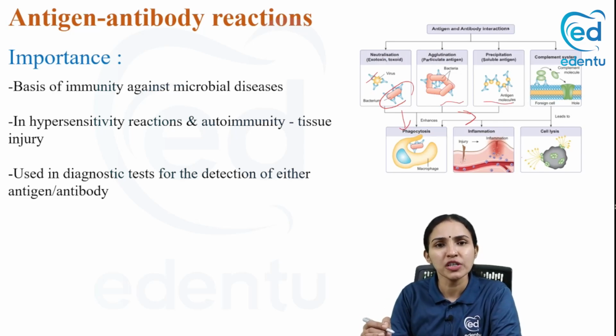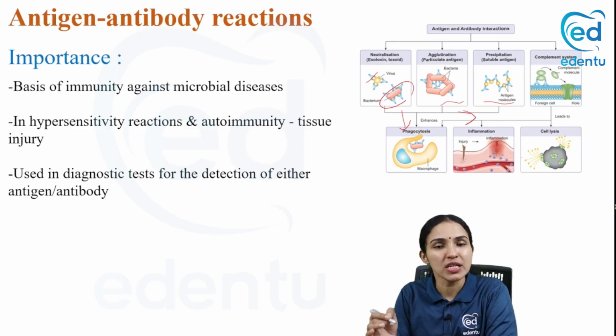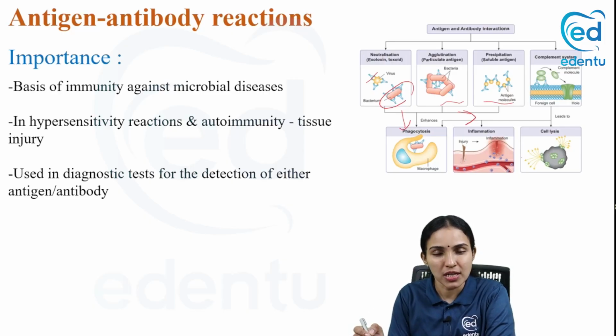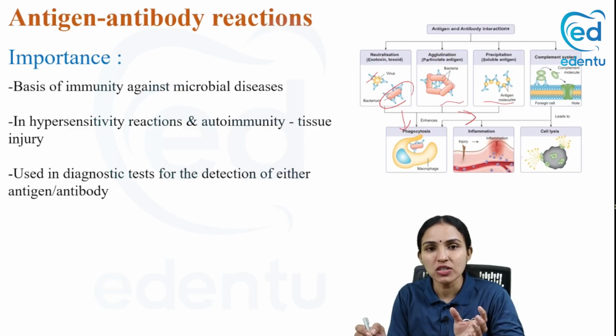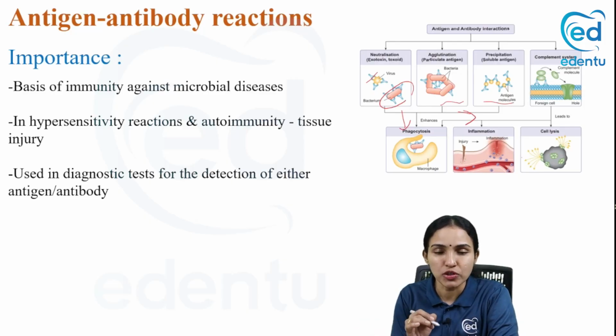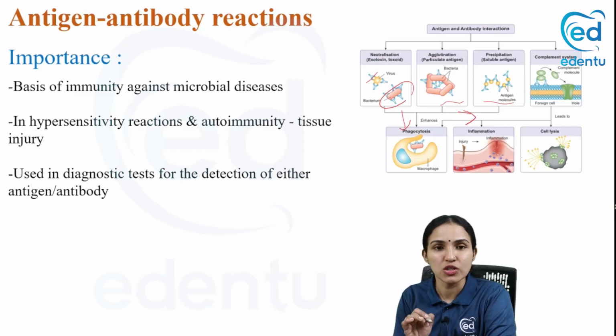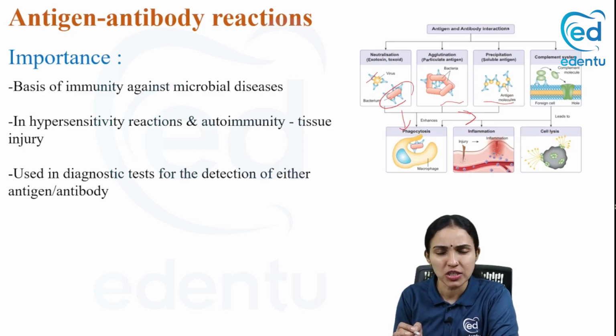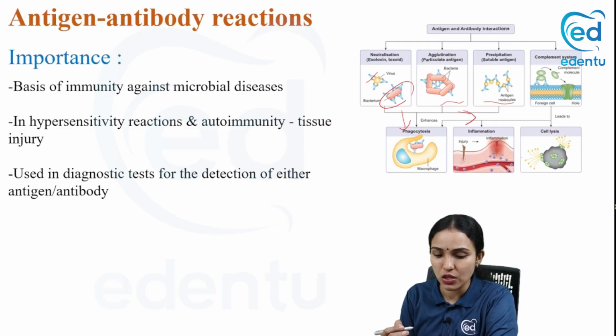Similarly, to find out whether HIV antibodies are present in patient blood, we use HIV antigens as the reagent. We visualize the antigen antibody reaction and thus find the presence of a particular thing in the patient's blood. This is used in diagnosis of various infections, and also other diseases like malignancies or immunological disorders.